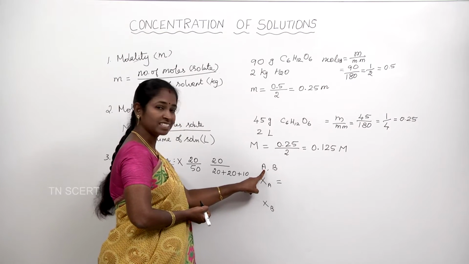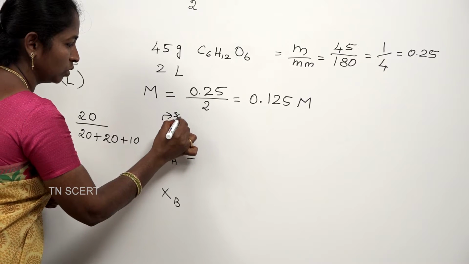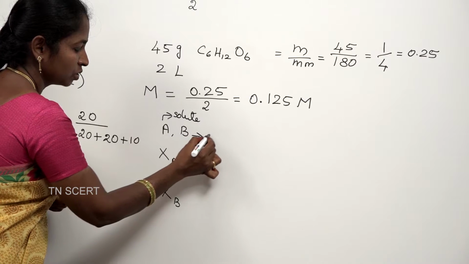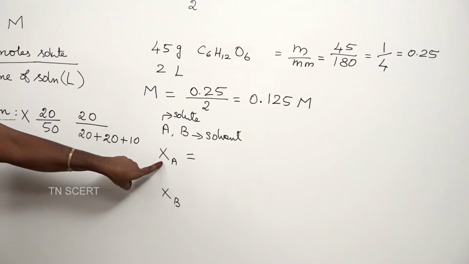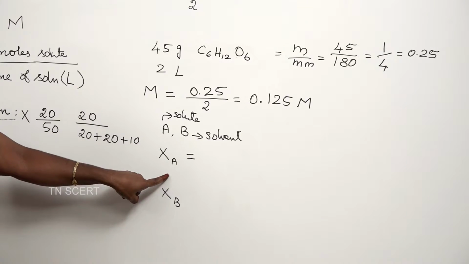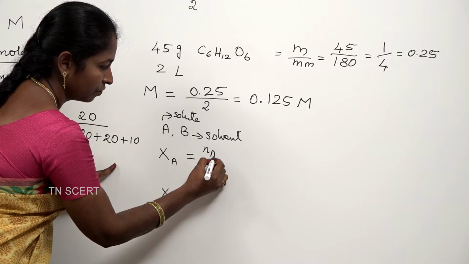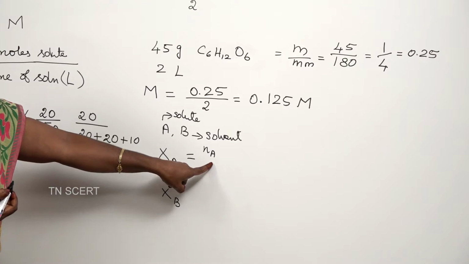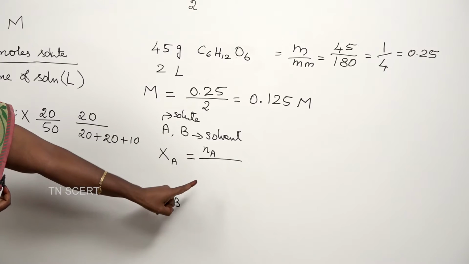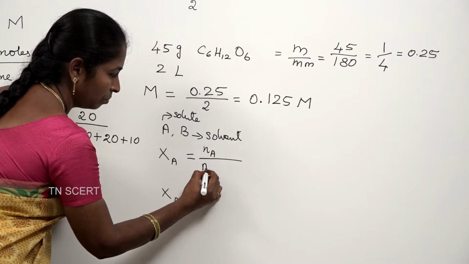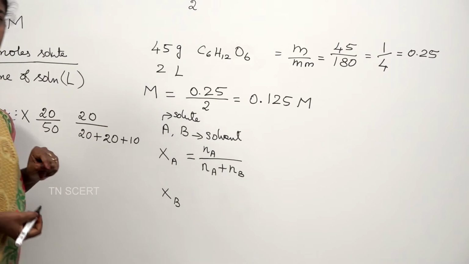If you take A as solute and B as solvent, then the mole fraction of solute A, that is XA, is equal to the number of moles of A, the number of moles of solute, divided by the number of moles of all the components. That means the number of moles of A plus the number of moles of B.